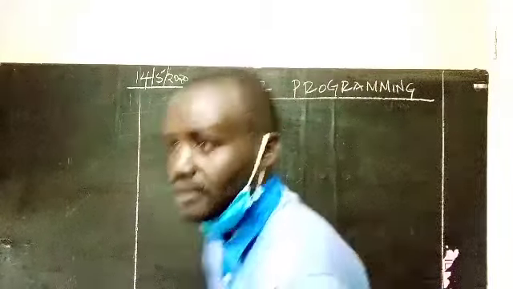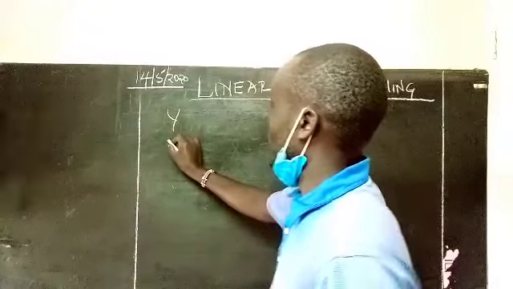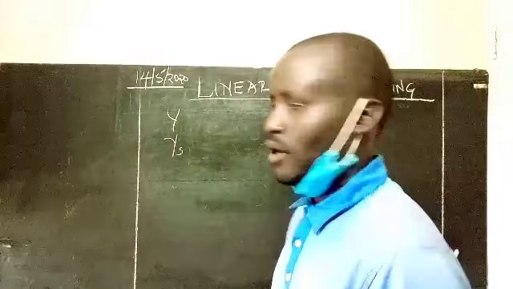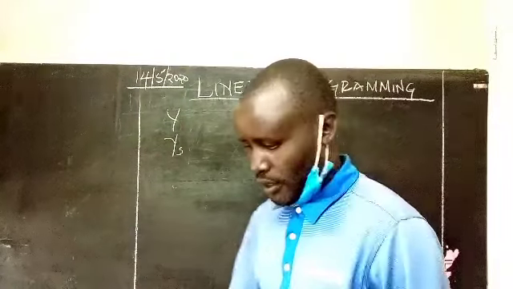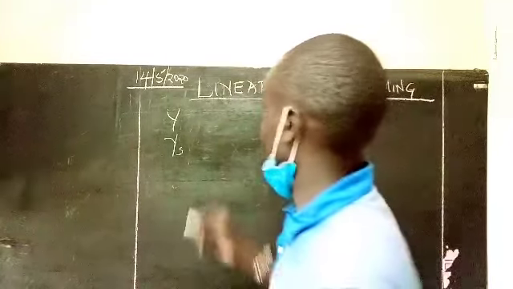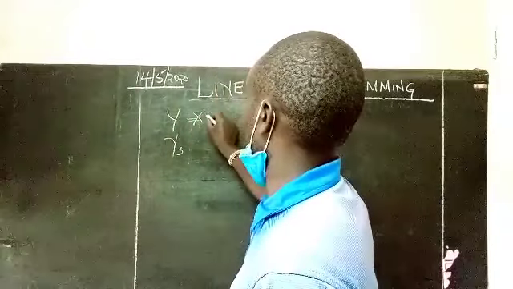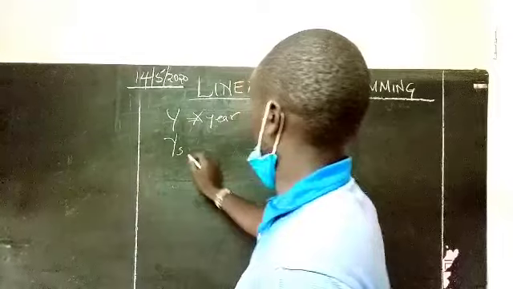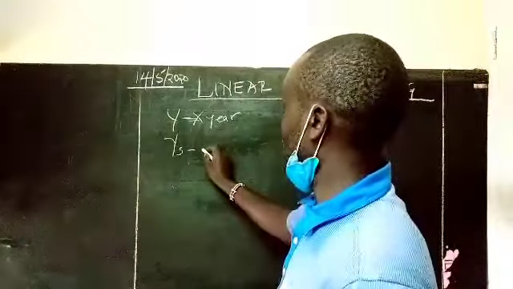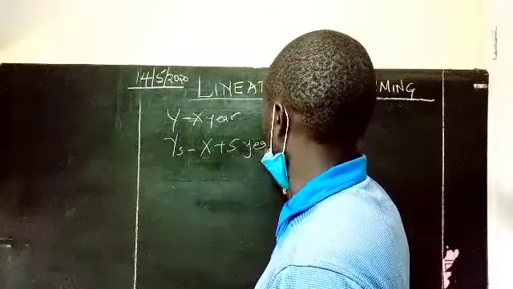So if Yona's age is x years, Yona's sister is going to be x plus 5 years.